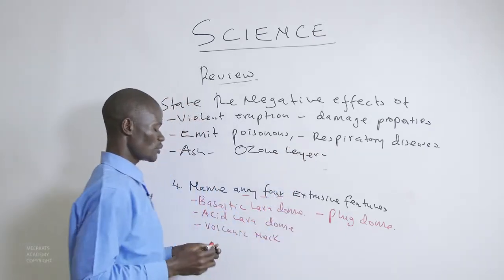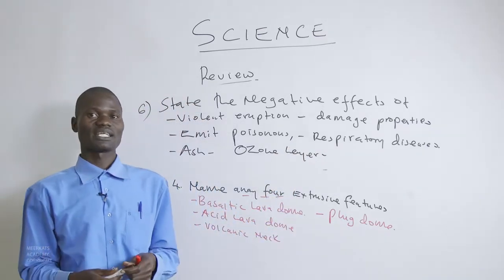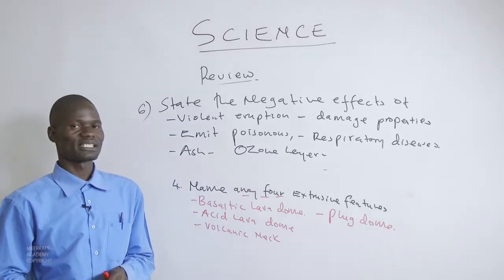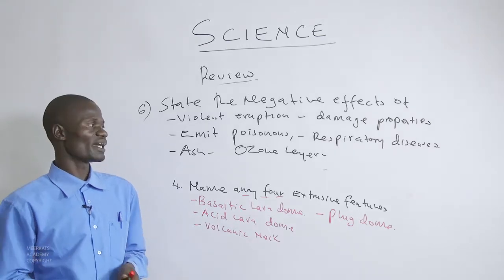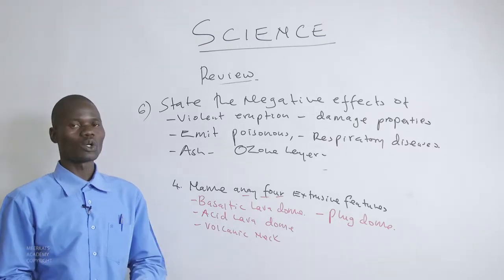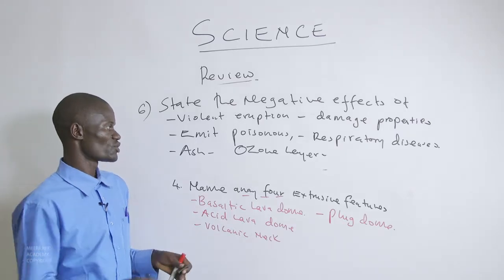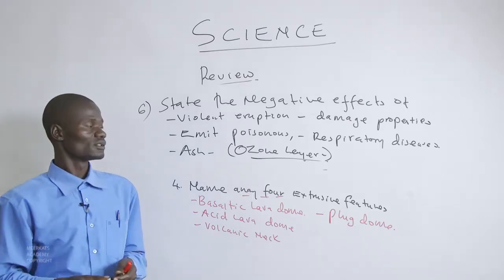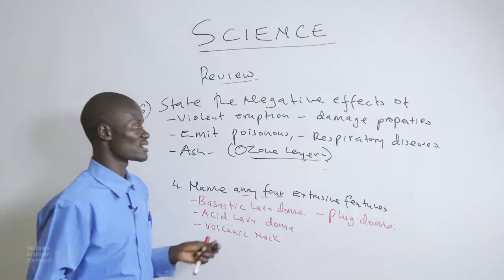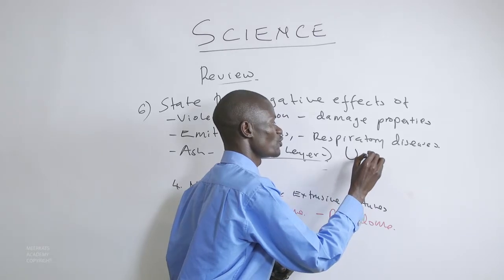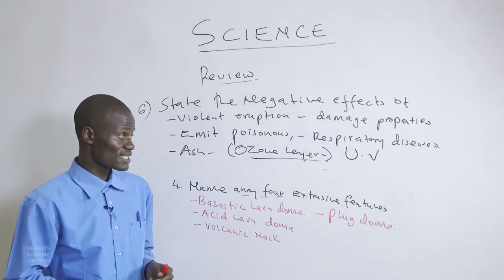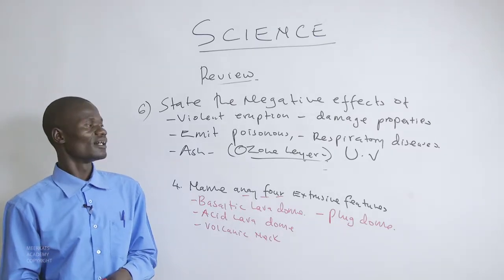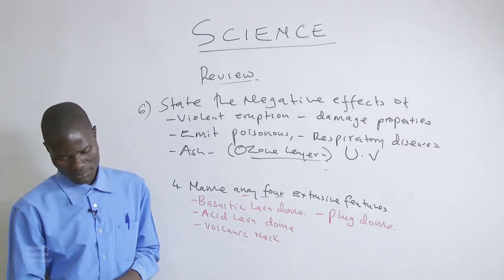This layer is very important because it absorbs the excess ultraviolet rays from the sun, and therefore it keeps conditions conducive for human life below the atmosphere. Once you tamper with the ozone layer, those direct ultraviolet rays, we call them UV rays, are also dangerous because they can cause eye diseases and skin problems.